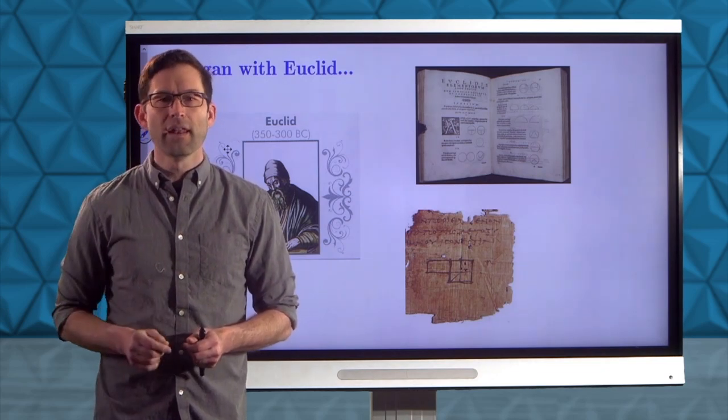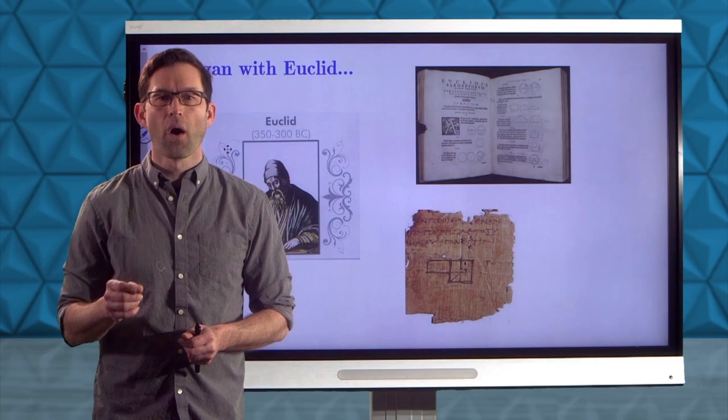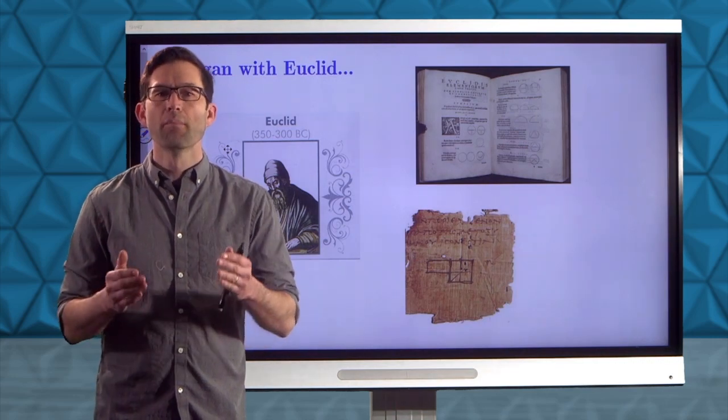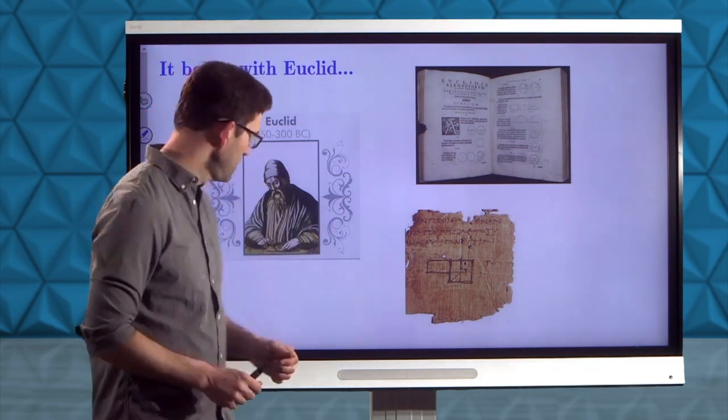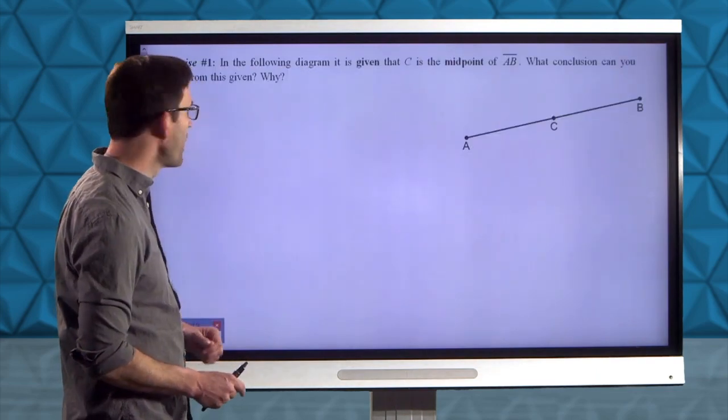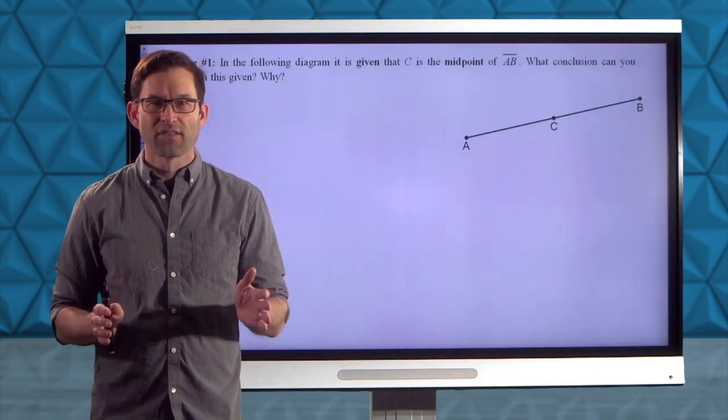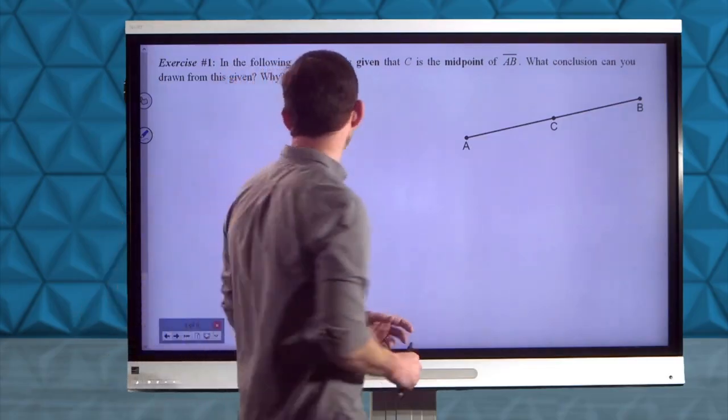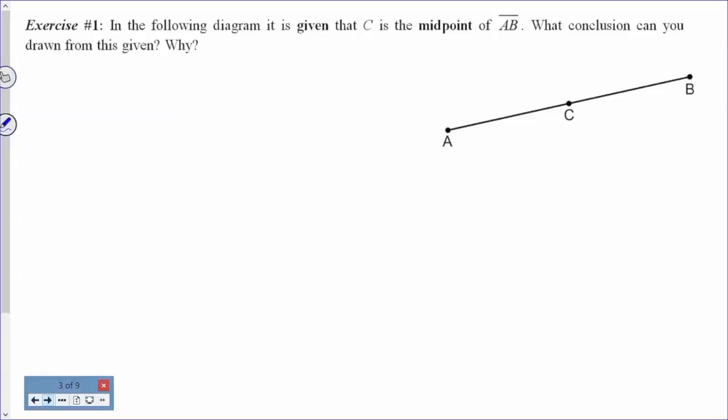But let's dive right into what it means to draw inferences from givens in a problem. And let's do it right in exercise number 1. Exercise 1. In the following diagram, it's given that C is the midpoint of AB. In other words, here's a given.